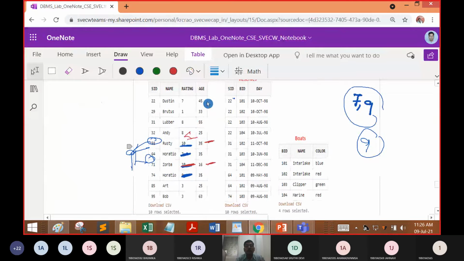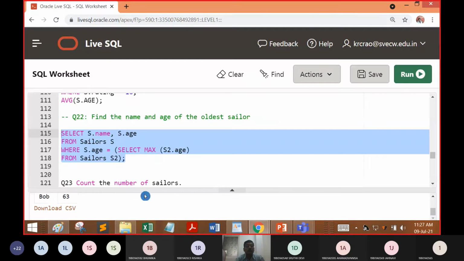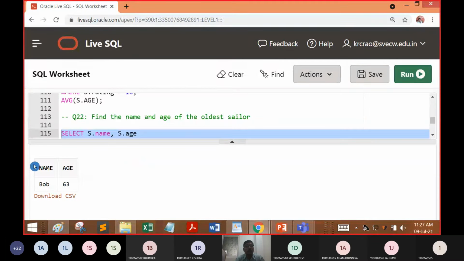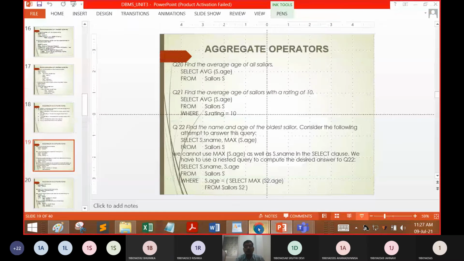You can see in this table, one is 45, 33, 55 like that, and at one point we have 63. The age was 63. It is related to Bob and his ID was 95. So that is why we printed the record here as Bob, 63.